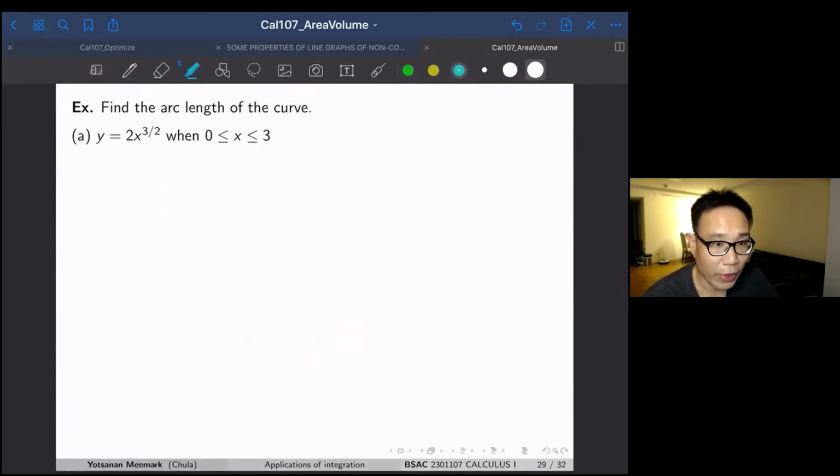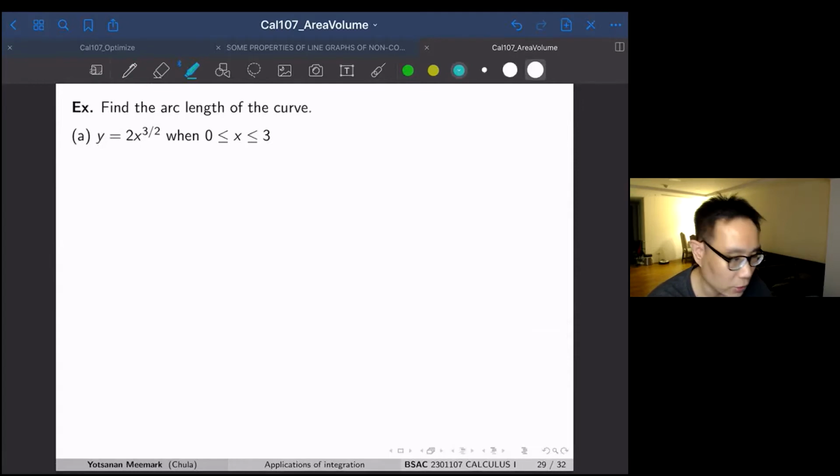It's going to be: find the arc length of the curve. You have y equal to 2x to the 3/2. Okay, so this one you get f(x) equal to 2x to the 3/2. So we're going to find the arc length for this one.